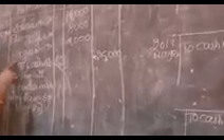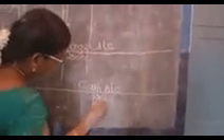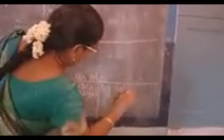In the journal it is debited, so in the ledger you post it on the credit side. 2018 May 20, by salaries 15,000.